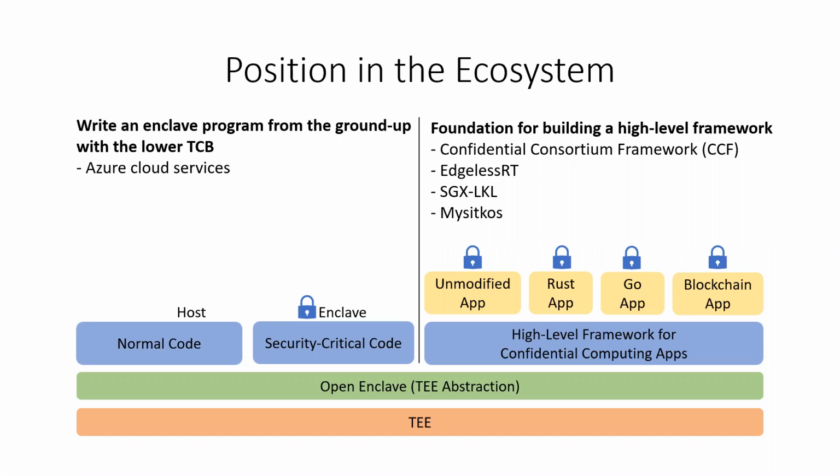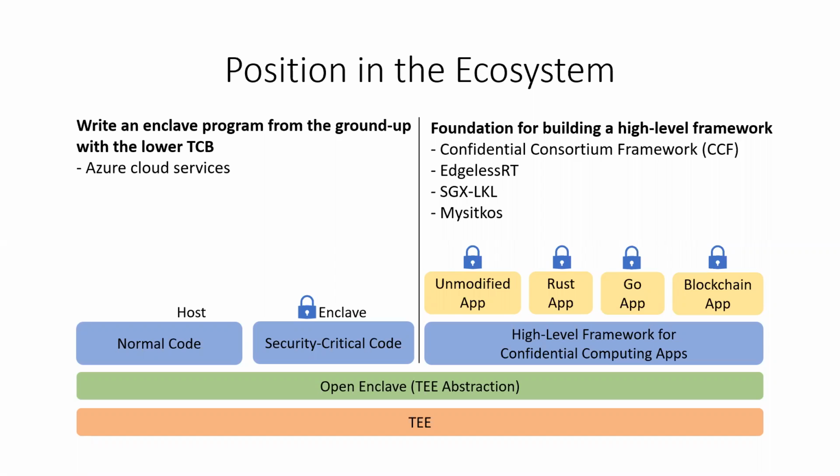The other direction is supporting people who may want to run more general or more high-level applications that just take advantage of the entire hardware protection. In this case, OE also allows people to build a high-level framework on top of the Open Enclave TEE abstraction layer.